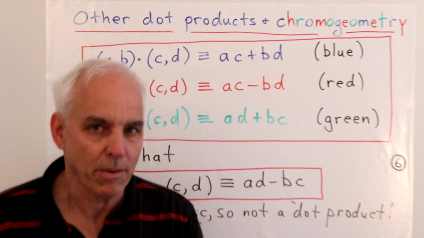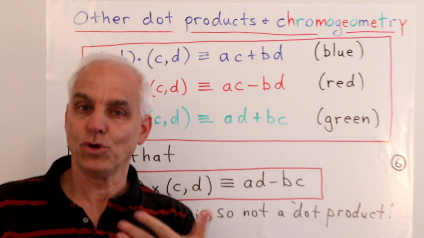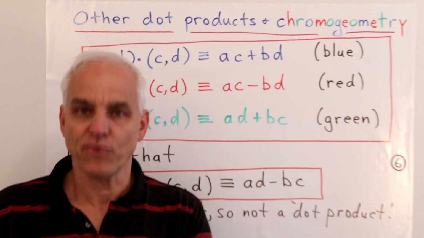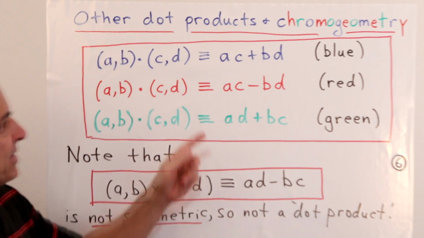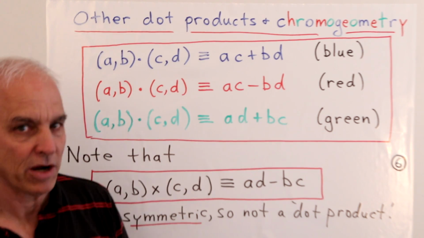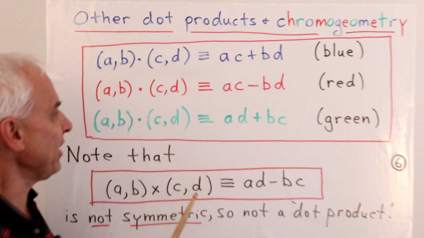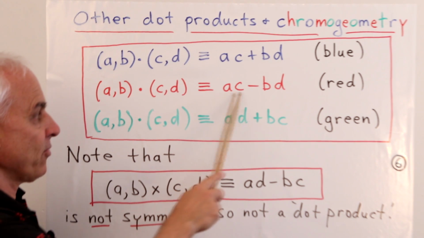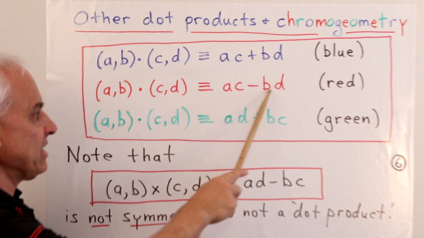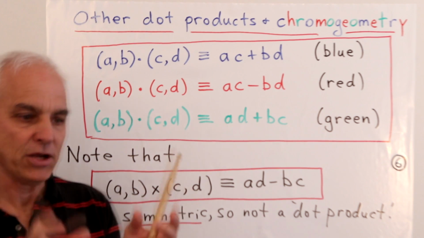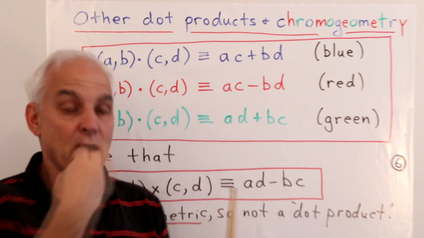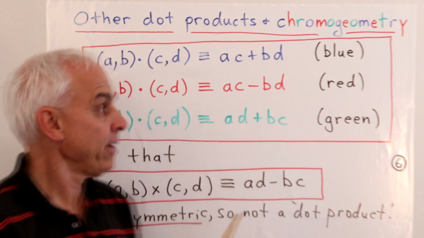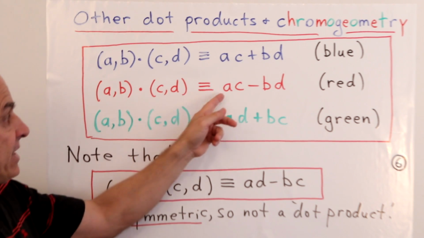Chromogeometry comes about when we look at some alternate dot products. So we replace the familiar blue dot product, AC plus BD, with, say, the red dot product, which is AC minus BD. This is a new way of taking two vectors and outputting a number. AB.CD is AC minus BD.